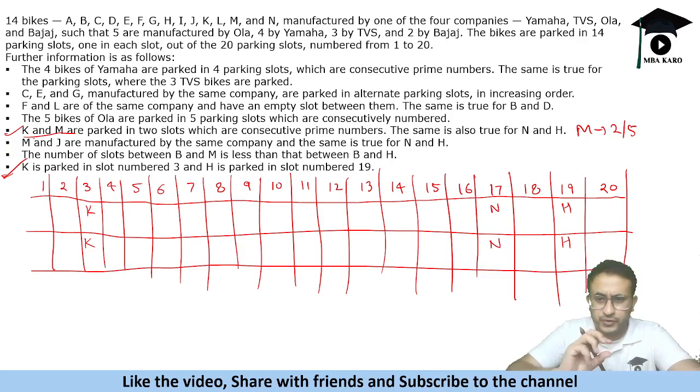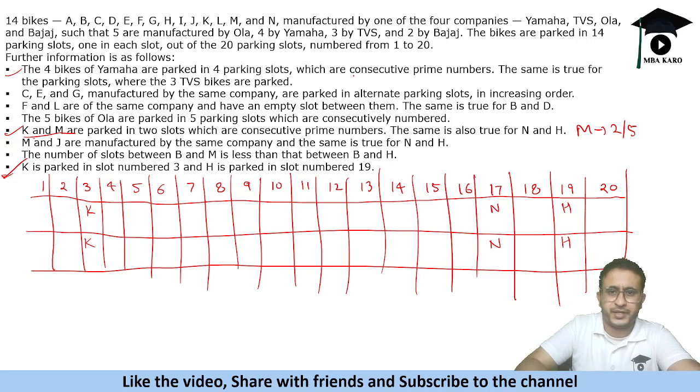Now, if you look at this particular set, it talks a lot about prime numbers. Okay, now if you see this, the first condition, let's read and understand it carefully. It says the four bikes of Yamaha are parked in four parking slots which are consecutive prime numbers. So we have four consecutive prime numbers. The same is true for the parking slots where three TVS bikes are parked.